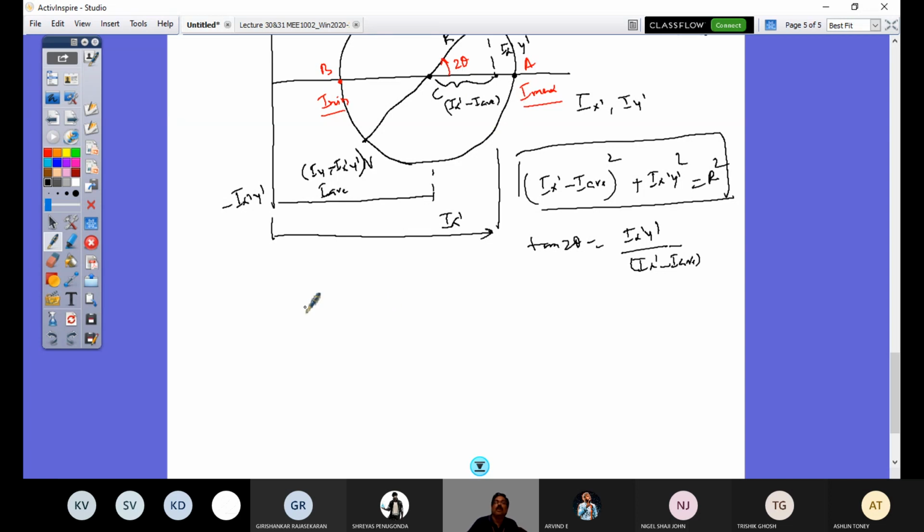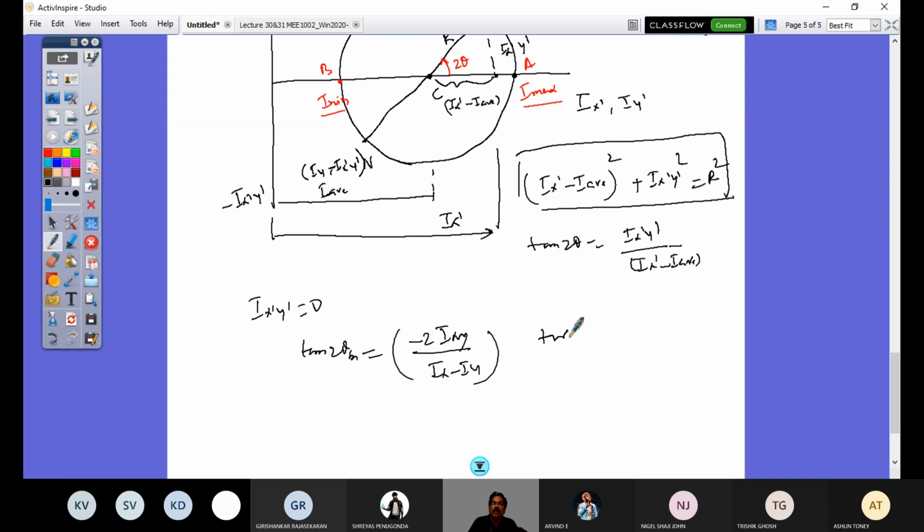How do I get it? When Ix dash y dash is equal to 0, I would have my A B points on the horizontal. So that would give me tan 2 theta m equals minus 2 Ixy by Ix minus Iy. This is how I would get the orientation of my principal axes.